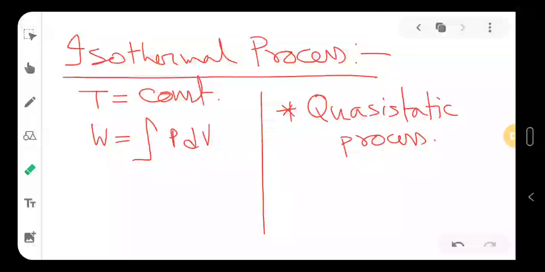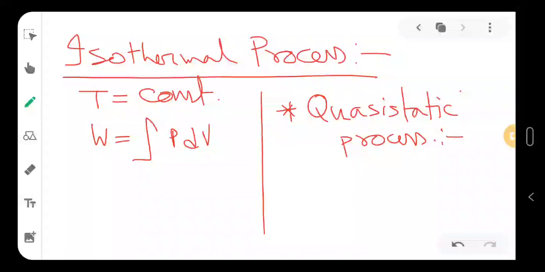Quasi-static process means the process is very slow, so that the heat transfer can happen, because to transfer heat from one material to another, some amount of time is required. If we make the process very fast, the time to transfer the heat will not be adequate.